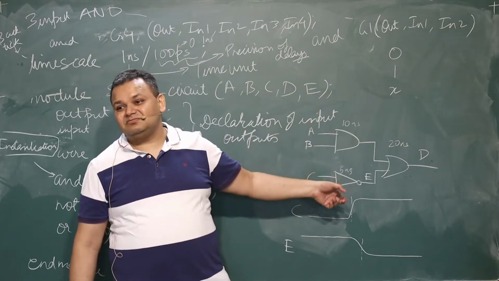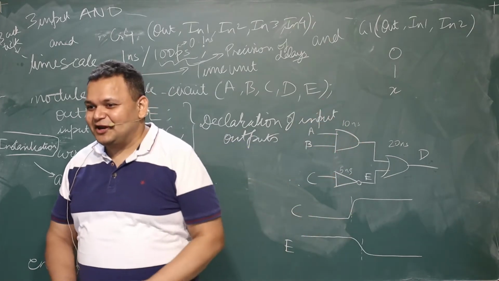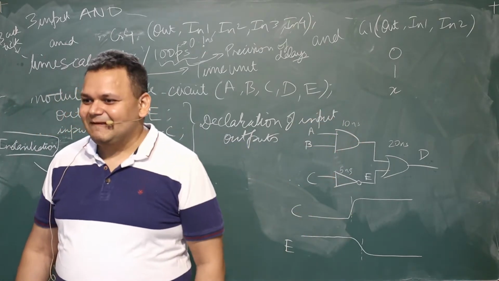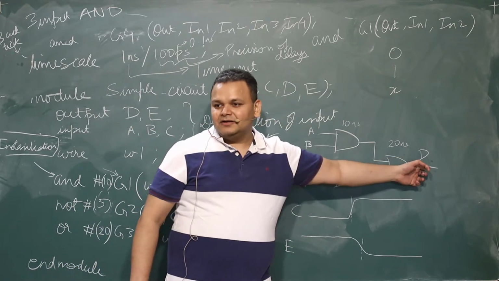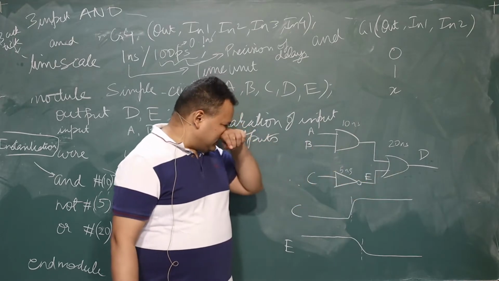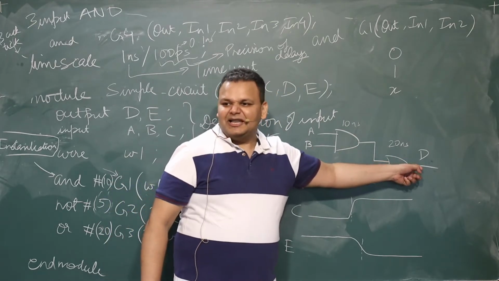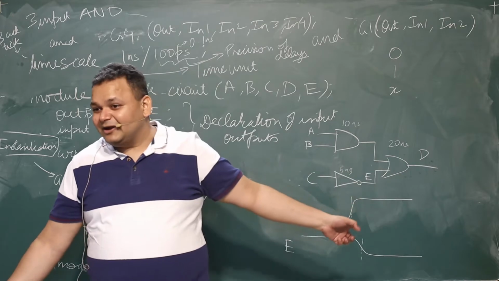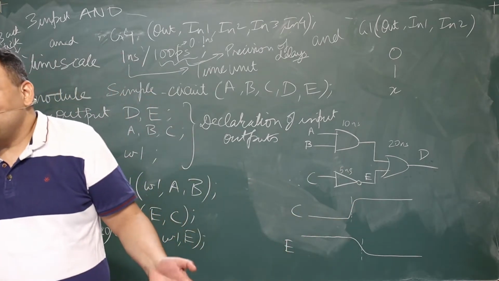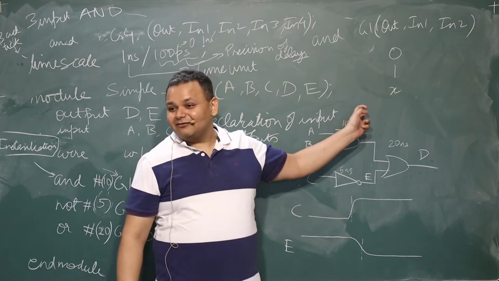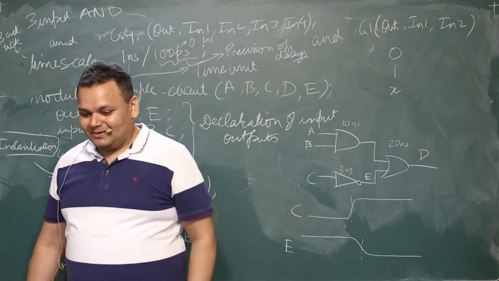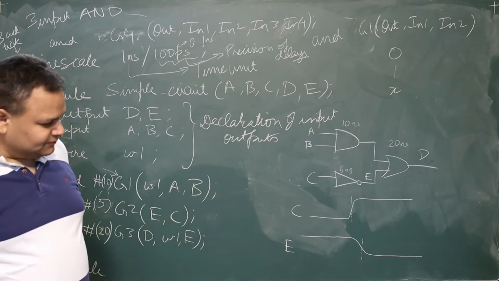But that is specific to this particular situation, not for every other situation. If C becomes 0, this will become 1, irrespective of what this is. So you will get the final answer within 5 plus 20 nanoseconds. You'll get it in 25 nanoseconds, but you cannot be sure about that 5 nanosecond window which is required for calculating this. Okay sir. Yes sir.